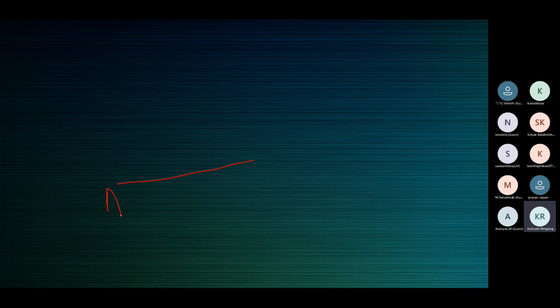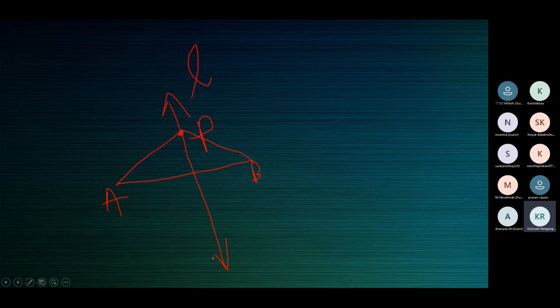Line L is the perpendicular bisector of AB. If P lies on L, then PA will be equal to PB.